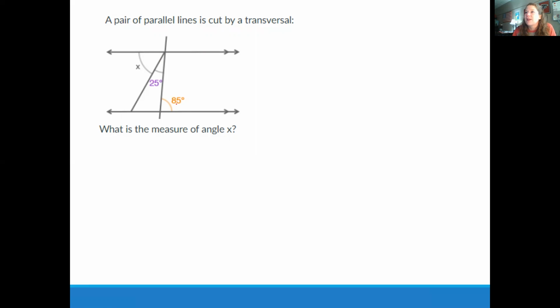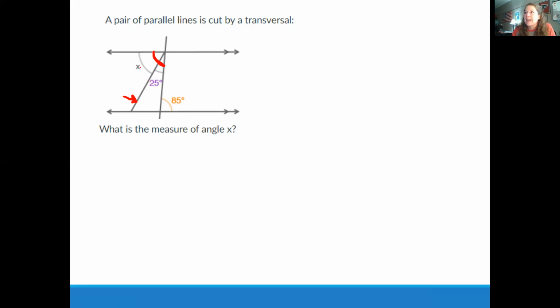So angle 85 and this, so ignore this line for a second. If that line wasn't there, we would say that angle 85 and this angle are alternate interior angles, and alternate interior angles are equal, right?